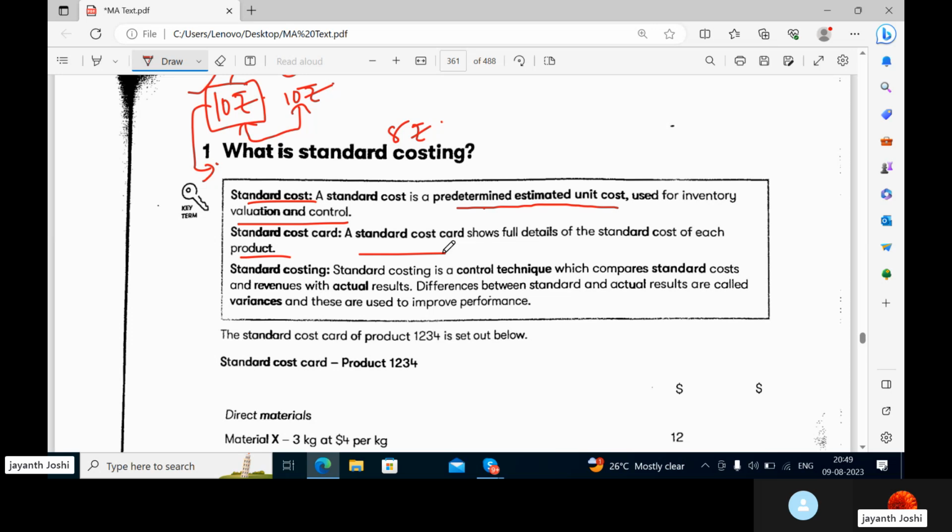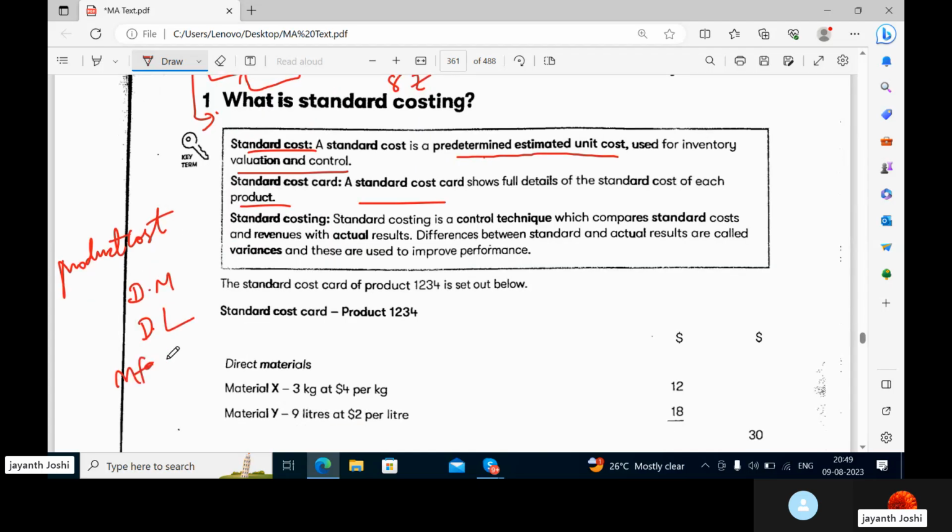Product cost can be estimated by taking into consideration direct material, direct labor, and manufacturing overheads. What did I say? Direct material, direct labor, and manufacturing overheads. These three combined together give you the cost of a product.